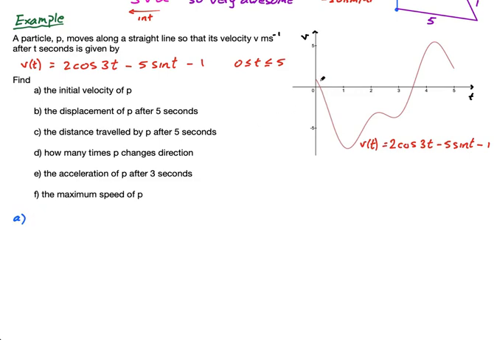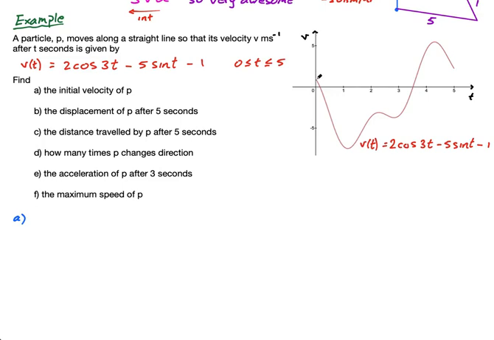So before we actually do that question, I want to look at the graph and I want you to think about what's actually happening to this particle, and let's actually think of it as a car. So we have a car moving in a straight line. So let's think of it as going forwards, and then it goes straight into reverse and goes backwards. So what's actually happening at this point here?